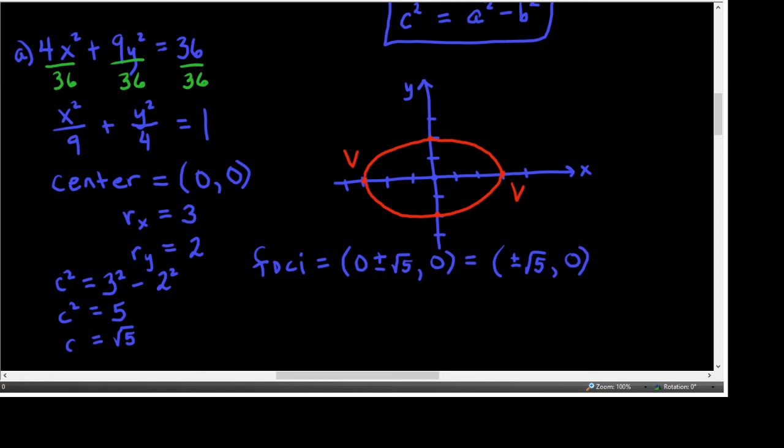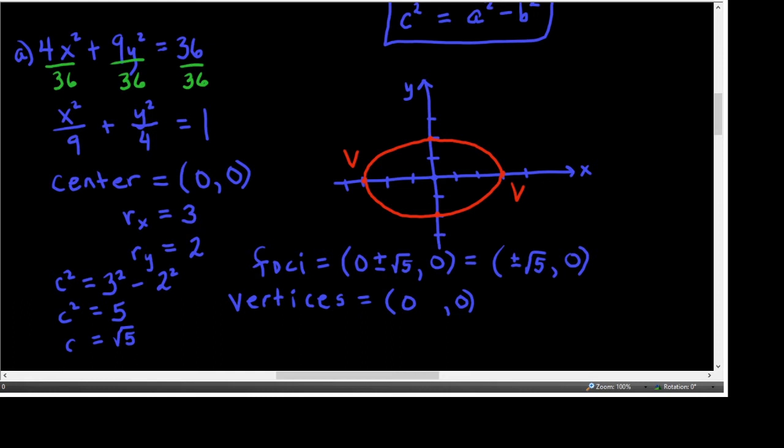So they might ask you for the vertices, so I'm going to go ahead and write that here, although in this problem it was not requested. It is something you should be able to find. And using the same thought process, we went in the x direction further, and so that's going to take us to the vertices. So we're going to start at 0, 0, and because we moved in the x direction, we're going to add and subtract our bigger radius.